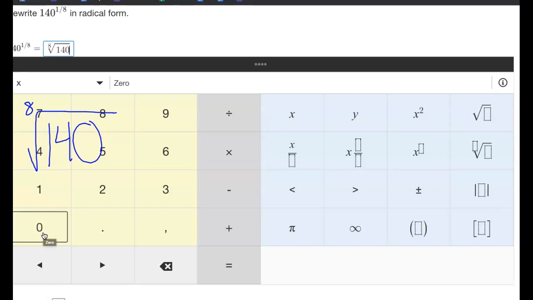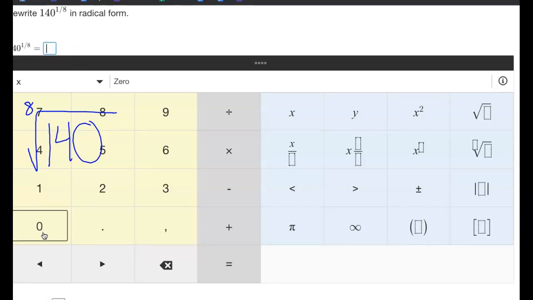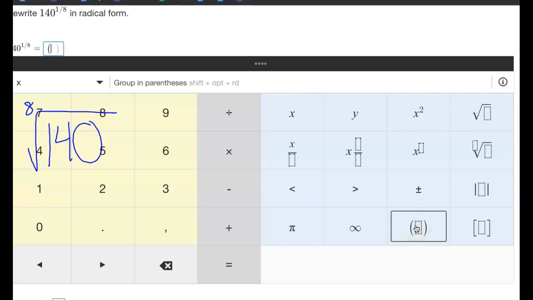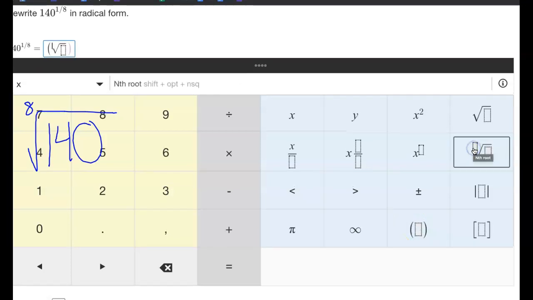Now if I had to raise that to a power, I believe you would hit this first, then this, and then after, if it was like the 8th root of 140, you go outside of the parentheses.